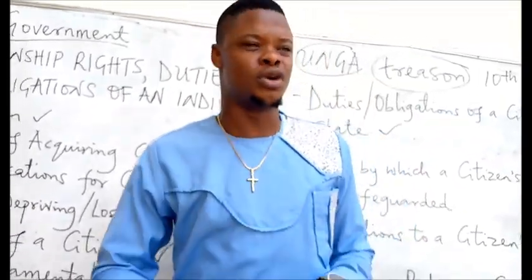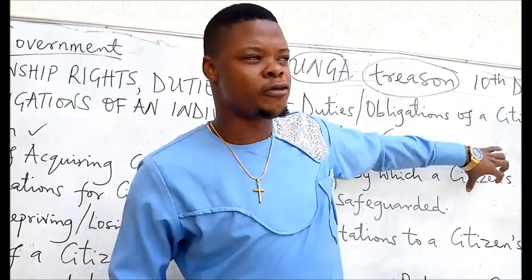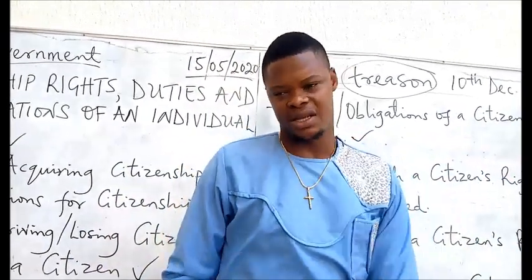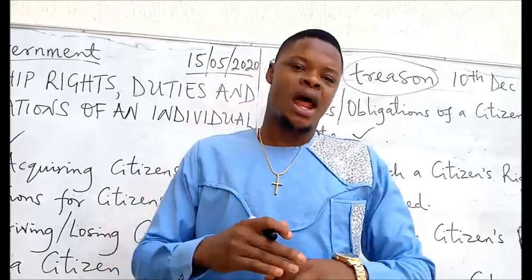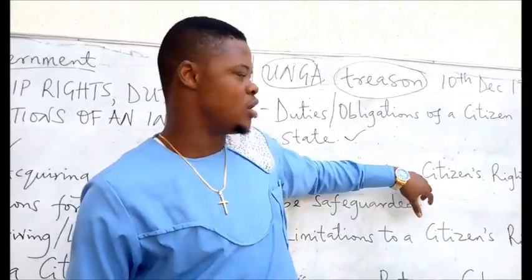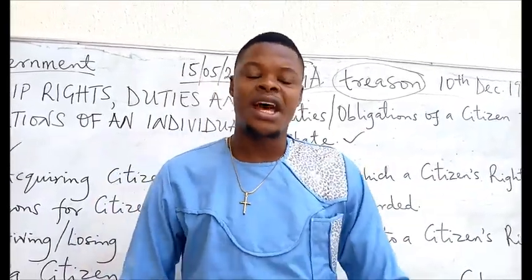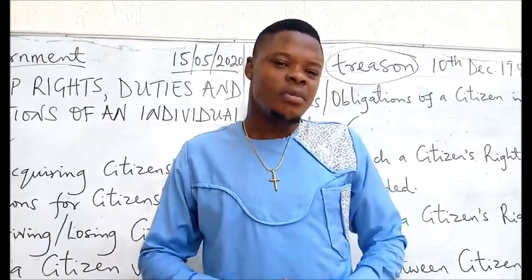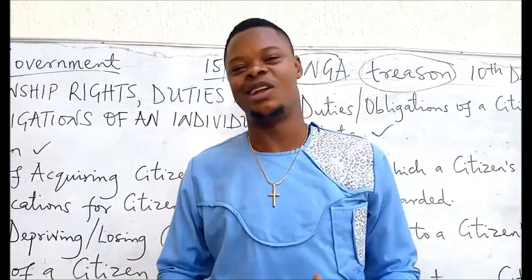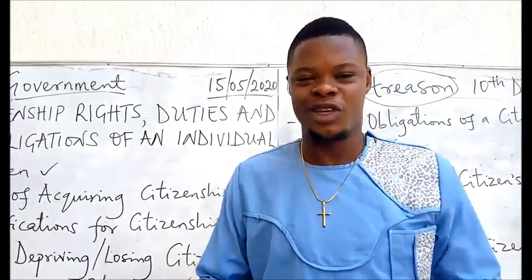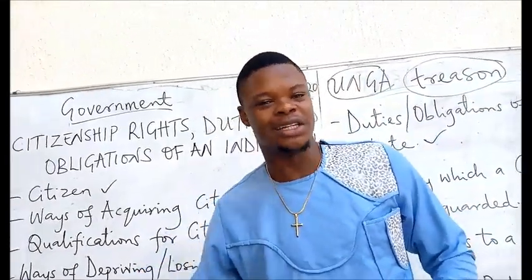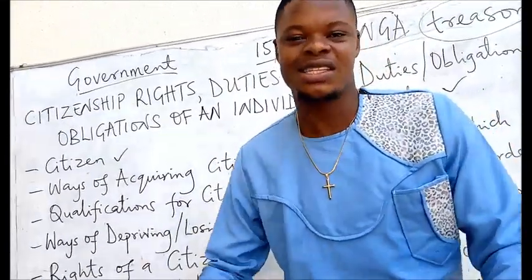All these symbols, it is a duty of the citizen to respect them. And then also, another duty or obligation of a citizen is what? National service. In Nigeria, we have what is called National Youth Service Corps. It is a body that organizes national service in Nigeria.